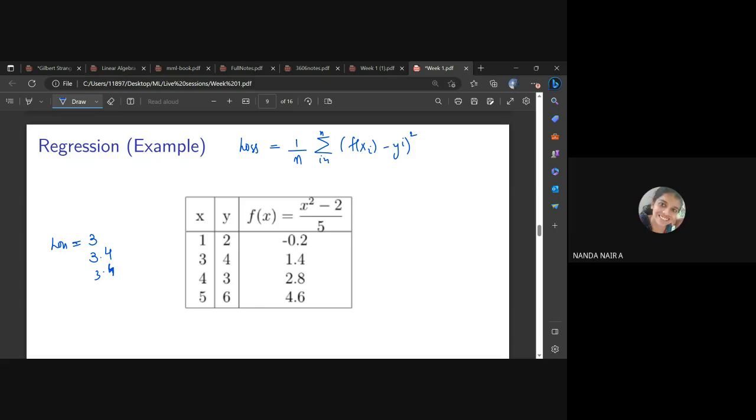In this case, loss of 1. If you're taking one element of y, that is 2, and using the model you get the value 0.2, then the loss will be computed from that.